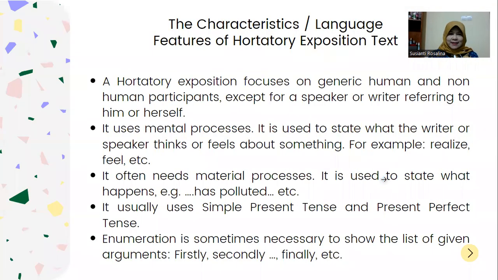Then the characteristics or the language features of a hortatory exposition text are, first, a hortatory exposition focuses on generic human and non-human participants except for a speaker or writer referring to him or herself.